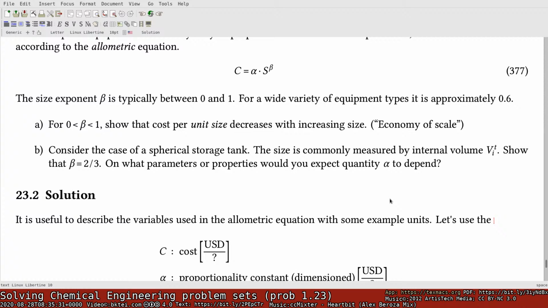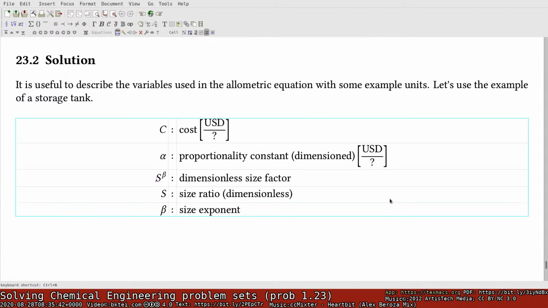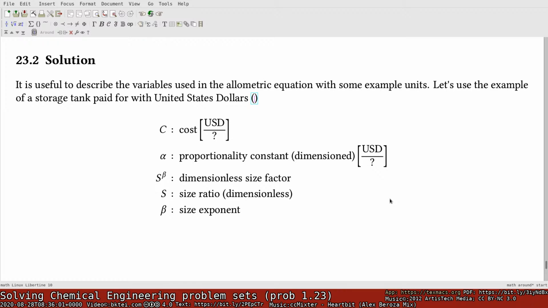Let's use the example of a storage tank. So for a storage tank built in the United States, paid for with United States dollars, USD.